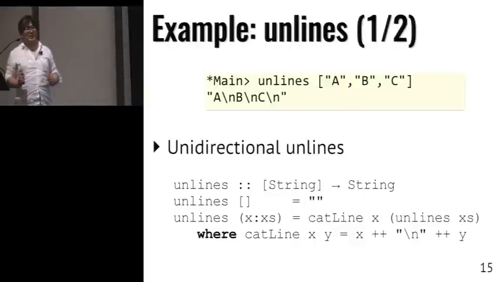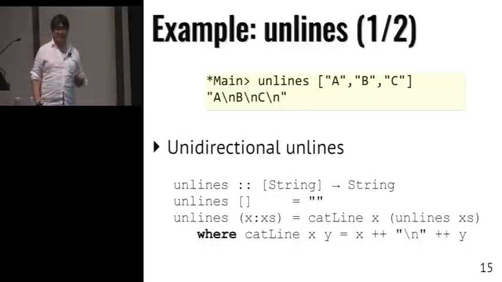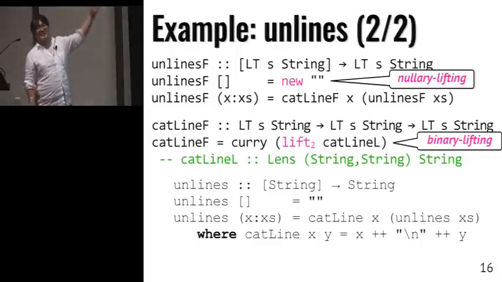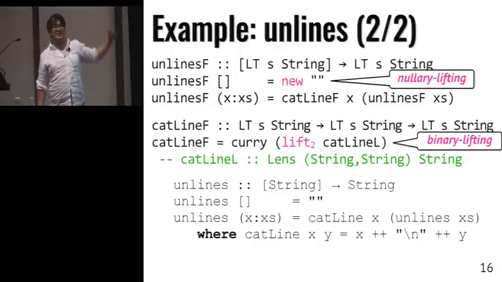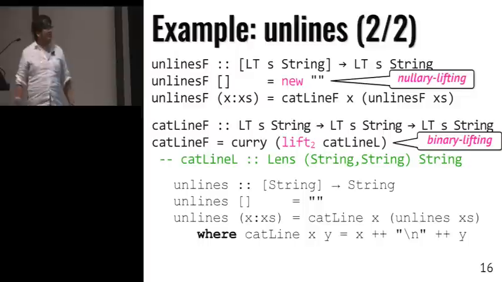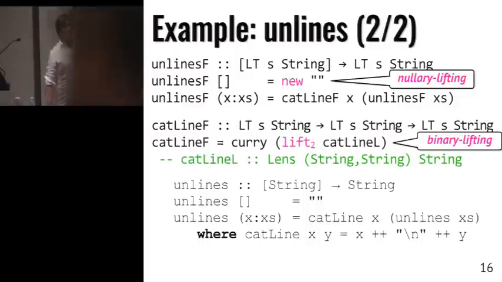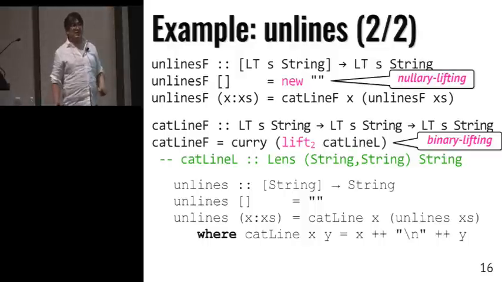Let us explain how to program the bidirectional version of unlines. This is the bidirectional version of unlines in our framework. As you can see, our bidirectional version, unlines F, has a quite similar structure to the unidirectional unlines function. There are two main differences between the unidirectional version and our bidirectional version.